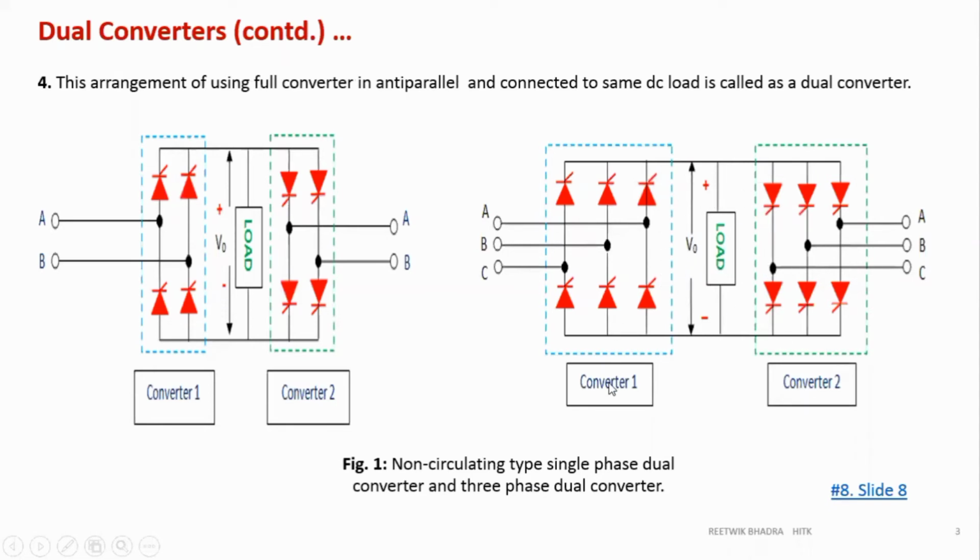So if I operate only one converter at one time, there is no problem of that. So that's why one converter is operated at one time. So this converter will first act as a rectifier. Then I'll operate this converter as an inverter, inverting mode. So there is no problem of the circulating current over here. So that is the reason why we use a non-circulating mode.